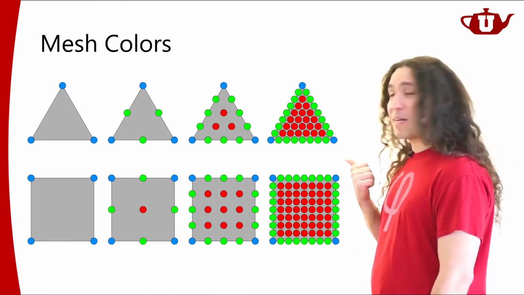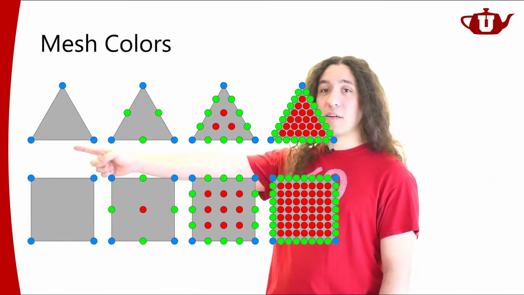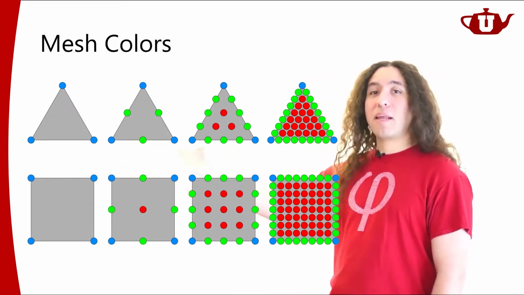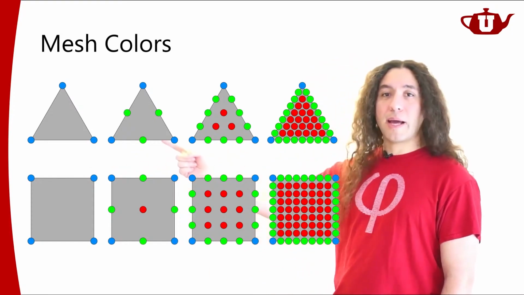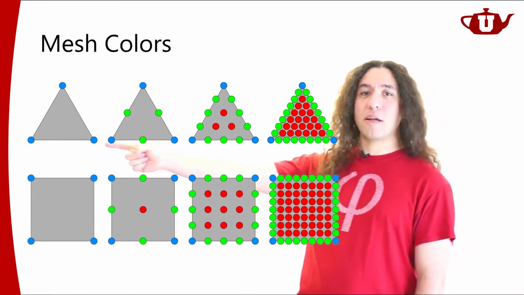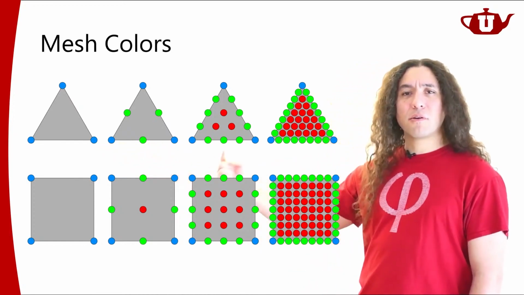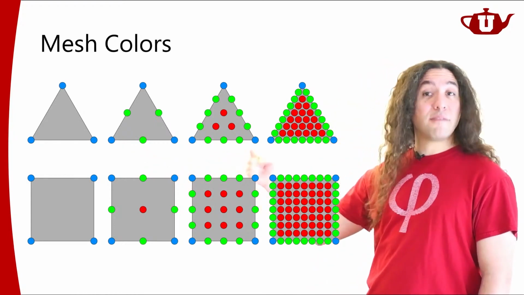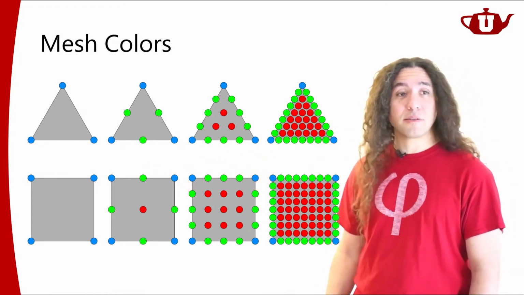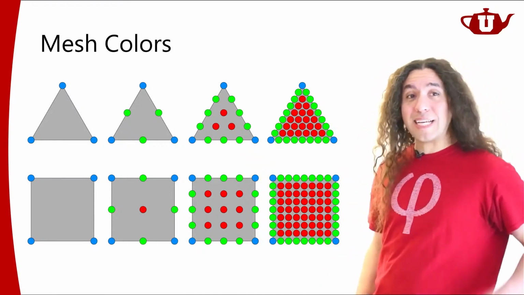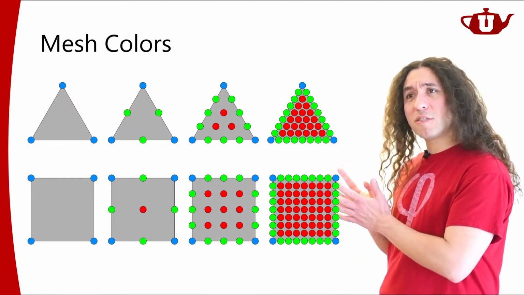For example, in the lowest resolution case over here, I can have a color value defined at every vertex. And when you go to one higher resolution, now I have what's called edge colors. So these are vertex colors, and now I have edge colors over here. And when you go to higher resolution, I have edge colors and then face colors that are defined at the centers of faces.